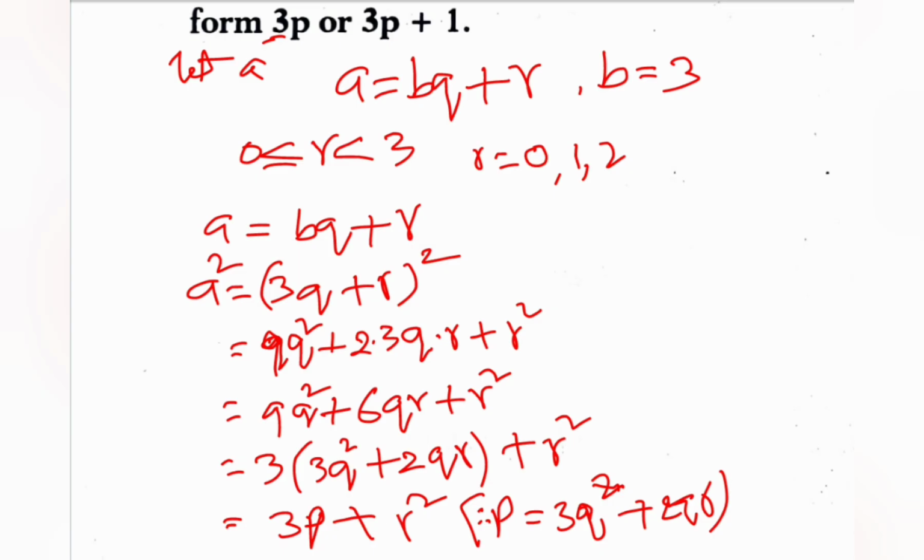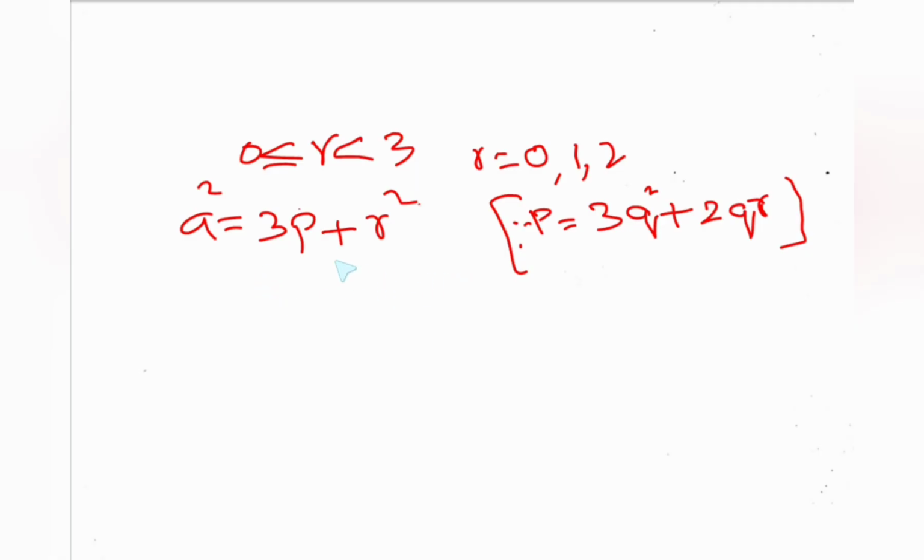Now substitute the values in the equation. Now here 0 less than or equal to r less than 3. That means r equal to 0, 1, 2. Now substitute the value r equal to 0 in this equation. A square is equal to 3p plus 0. Then a square is equal to 3p.